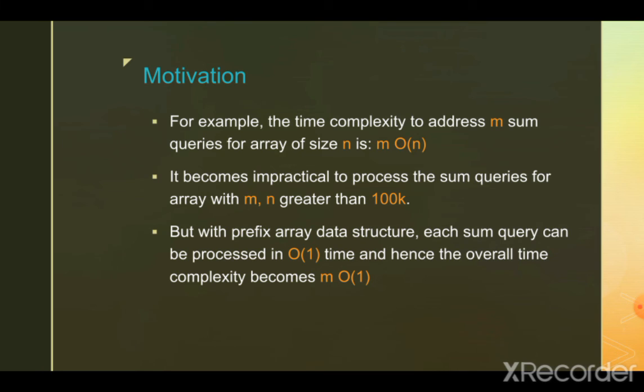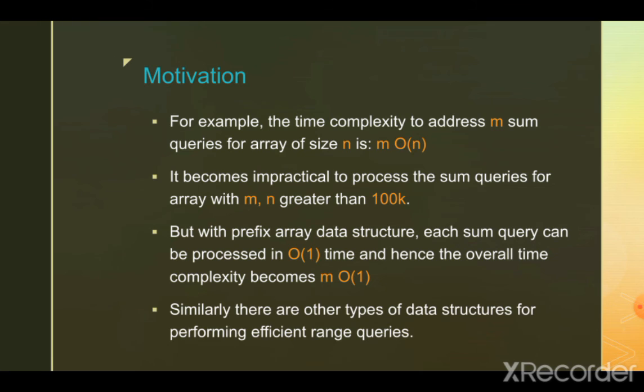So in this case, if m is 100k, then the time complexity is of the order of 10 to the power of 5, which is very fast, and can probably be executed in even less than a second, depending upon the constant time needed to execute one single query. So as we can see, using the prefix array, we can achieve the performance benefit.